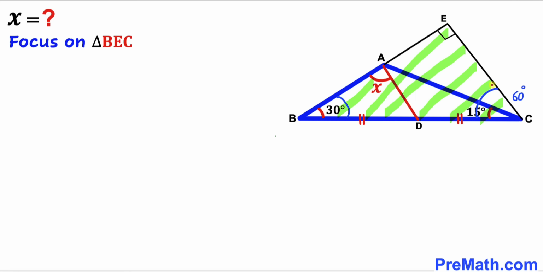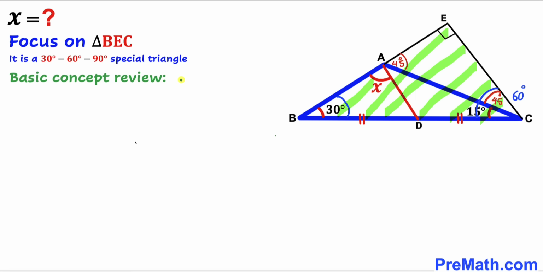So this remaining angle has got to be 45 degrees. And we know that this is our 90-degree angle. So in triangle AEC, this angle has got to be 45 degrees as well. And furthermore, we can see that this right triangle BEC is our special 30, 60, 90 triangle.